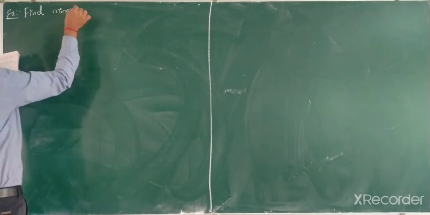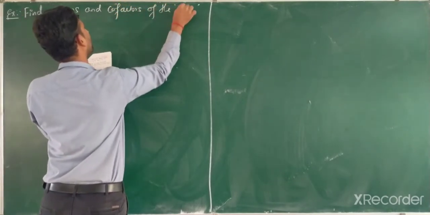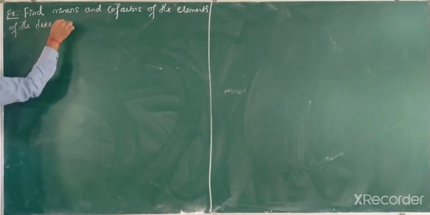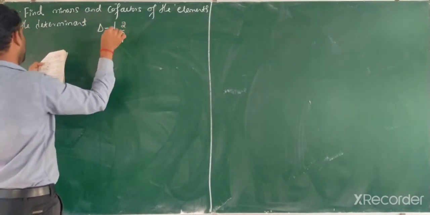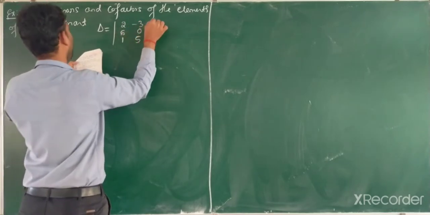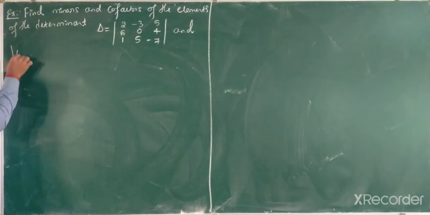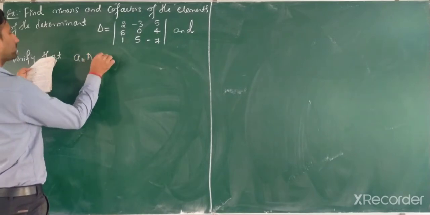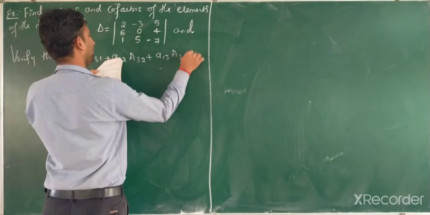Example: find minors and cofactors of the elements of the determinant delta is equal to 2, 6, 1, minus 3, 0, 5, 5, 4, minus 7, and verify that a11 A31 plus a12 A32 plus a13 A33 is equal to 0.